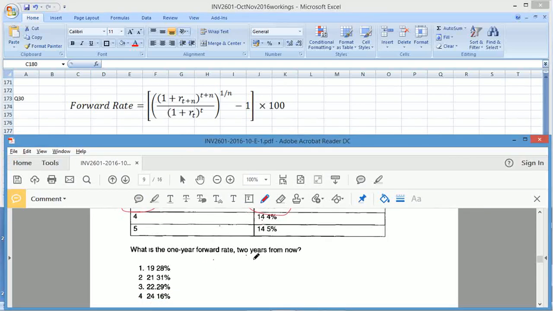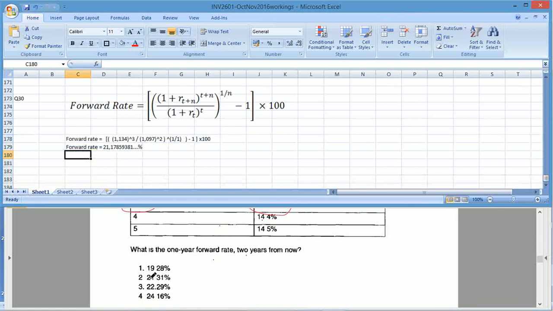What is the 1 year forward 2 years from now? You would go with option 21.31. I've got 21.17. It should be exact, but it's not, so that's odd. So I'm going to go with option 2 here, being the closest answer, based on the forward rate equation from the textbook.